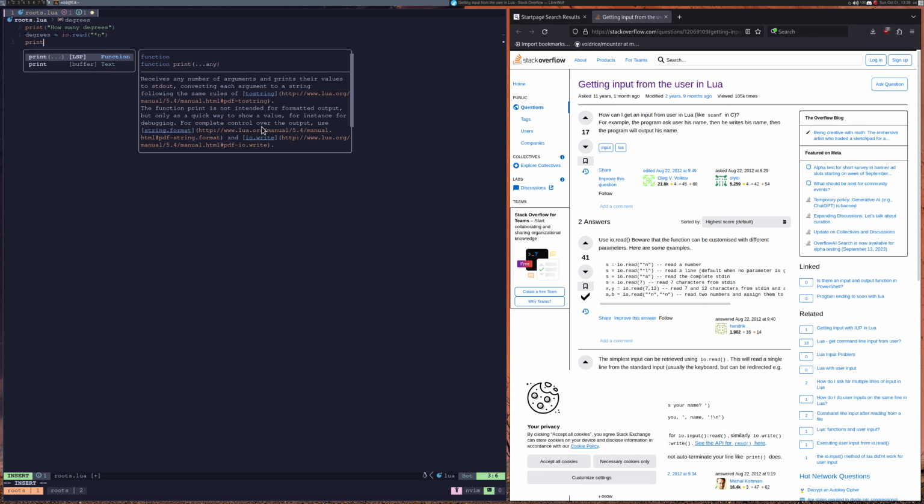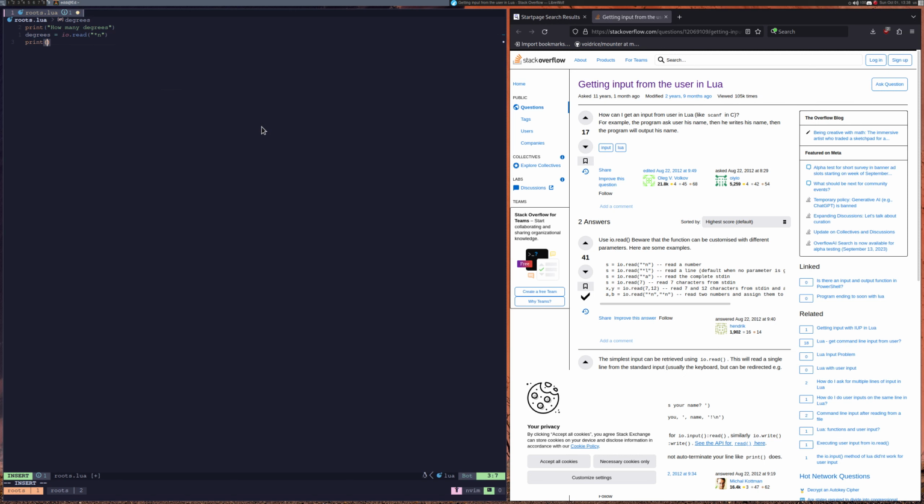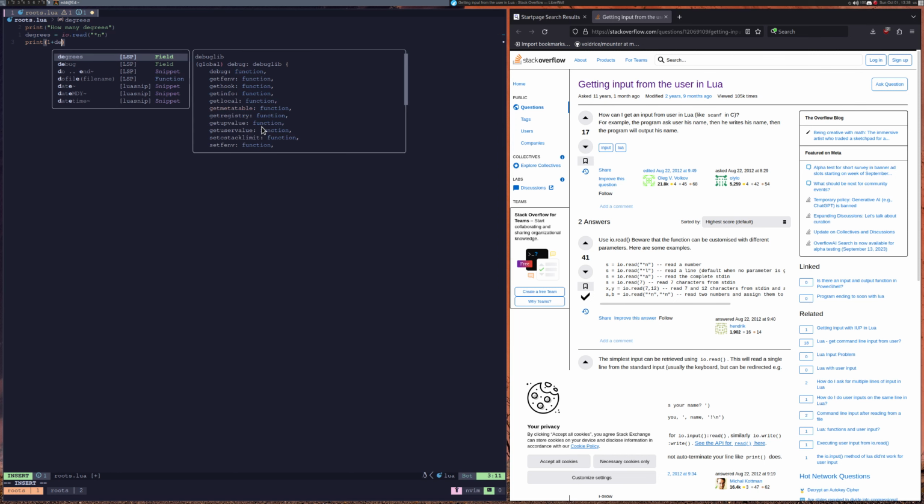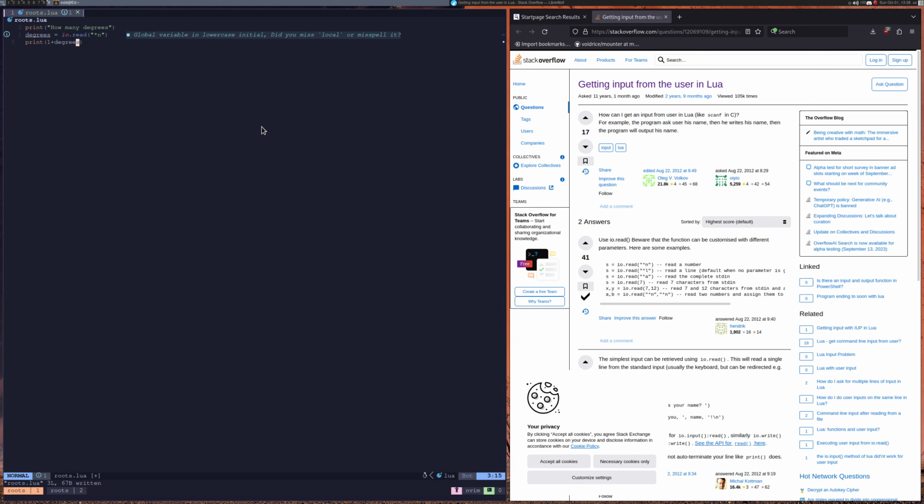Alright, now let's print, just to make sure we have it as a number, as 1 plus degrees. Let's say 4. Alright, so it is a number.